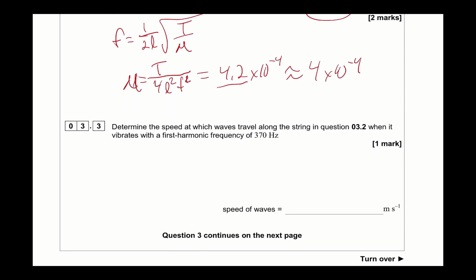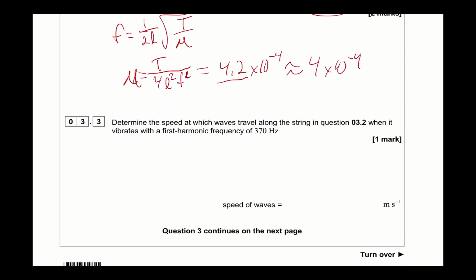So determine the speed at which the wave travels along the string when it vibrates with the first harmonic. So c equals lambda f, and in this case, lambda equals 2L. Okay, so that'll be the trap there, that lambda is 2L.